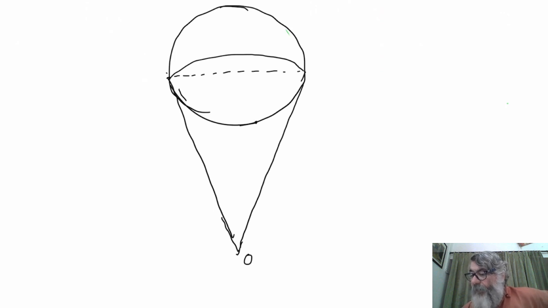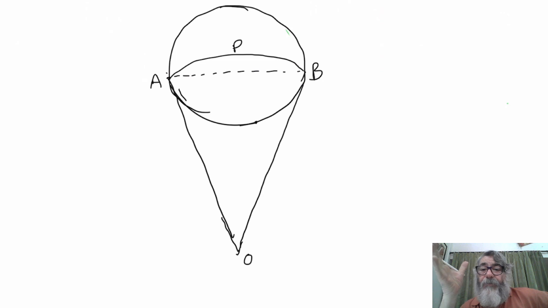Because the distance is so great, the diameter and the arc will be almost the same. The diameter of the moon will be the same as arc APB, because we are 360,000 kilometers away.